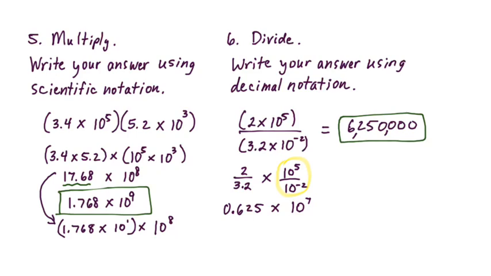You do 5 minus negative 2, and that's where I get the 10 to the 7th. And again, I could change this to decimal or scientific notation, but they wanted decimal notation, so we just multiply and we get the same thing. So again, I would just put this into the calculator directly, and that would be fine. I guess I did a little bit more there.